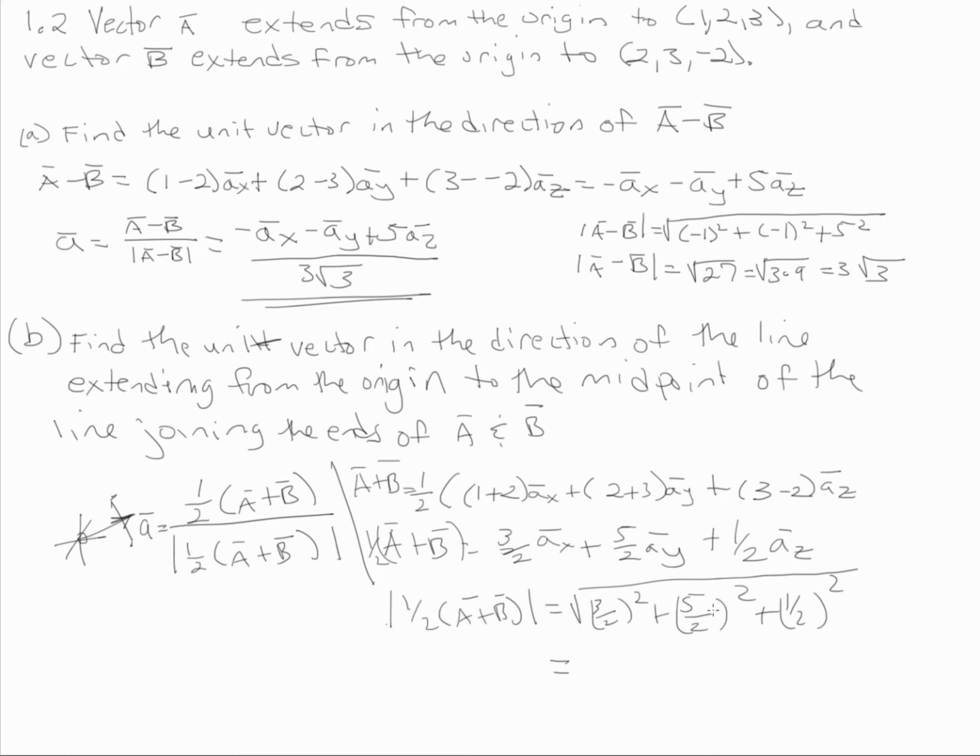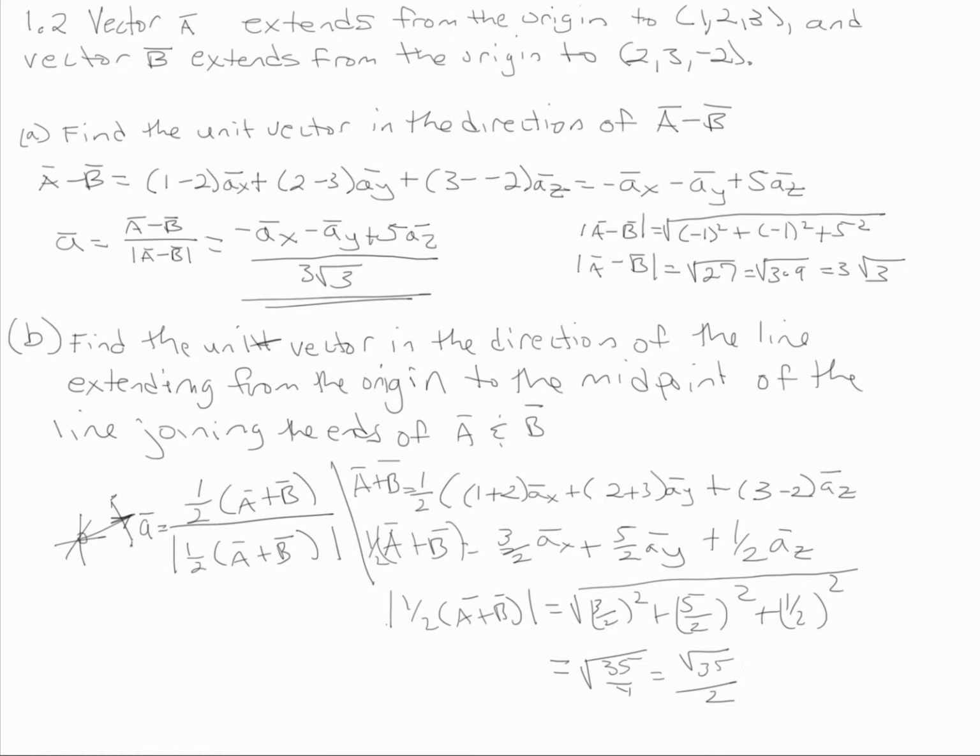That's 9 plus 25 plus 1, so that's 10 plus 25, so the square root of 35 over 4, which equals the square root of 35 over 2.